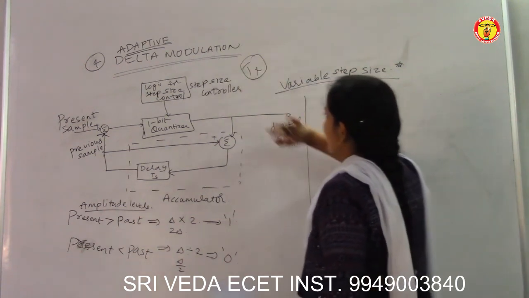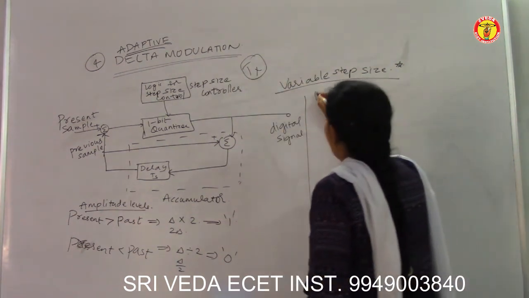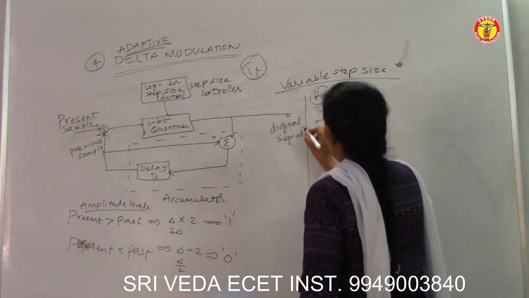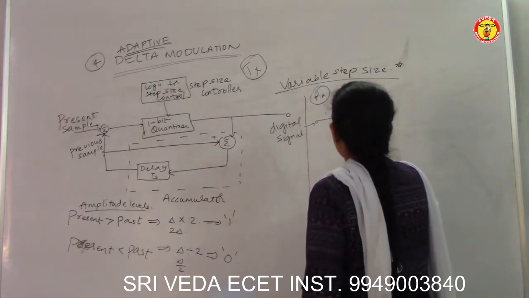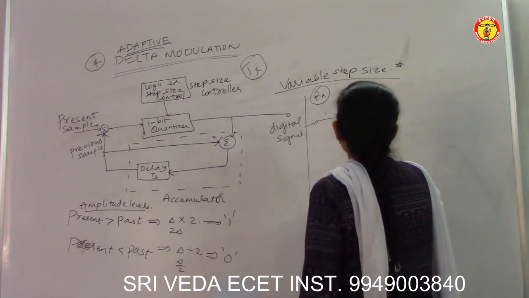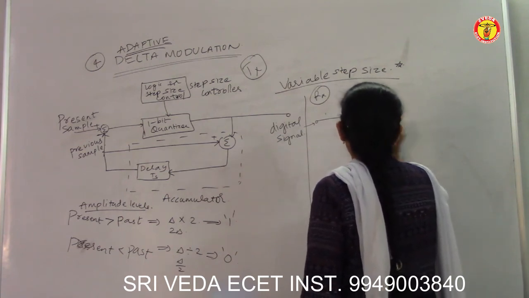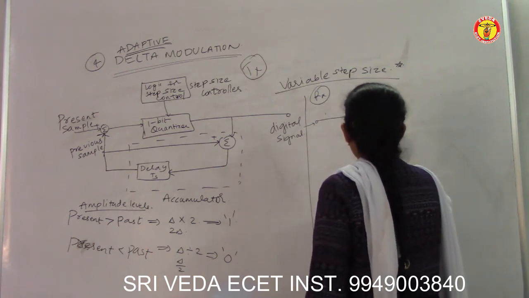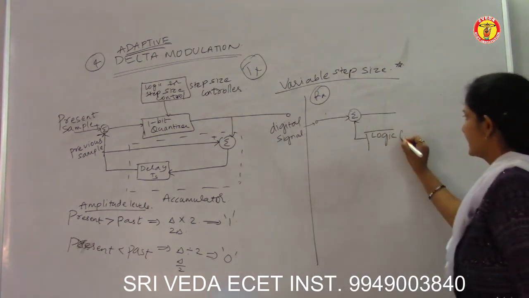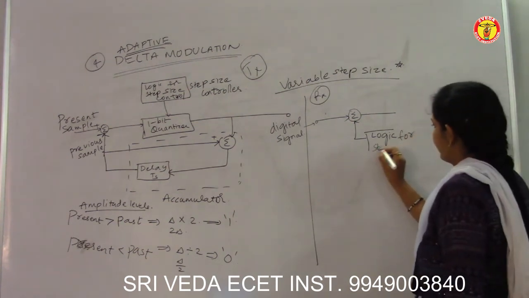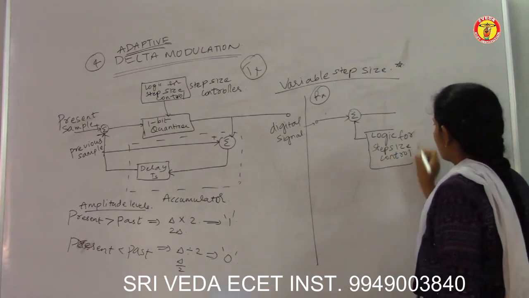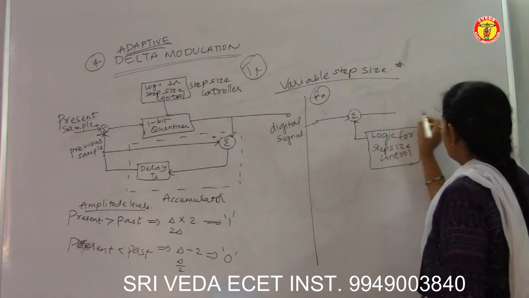This is the generation of adaptive delta modulation. At the receiver side, first of all, the digital signal is fed here and it is given to a summer. This is my logic for step size control.